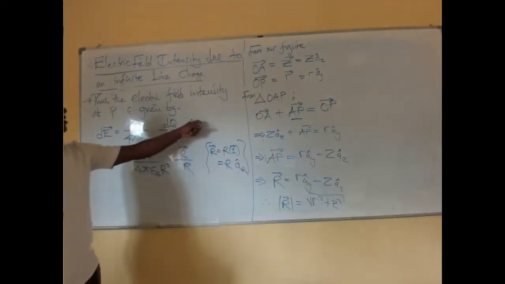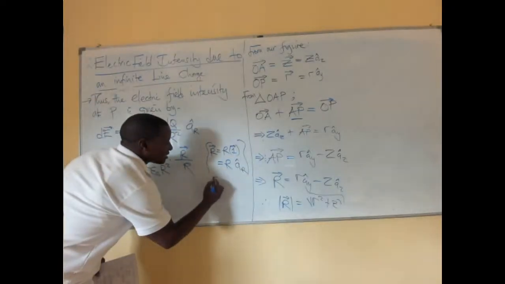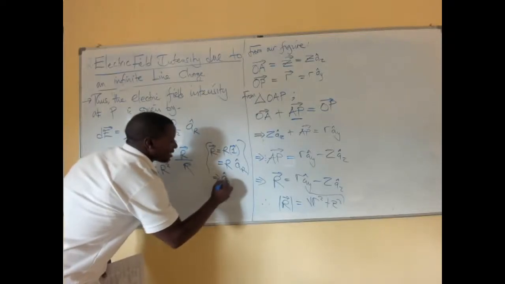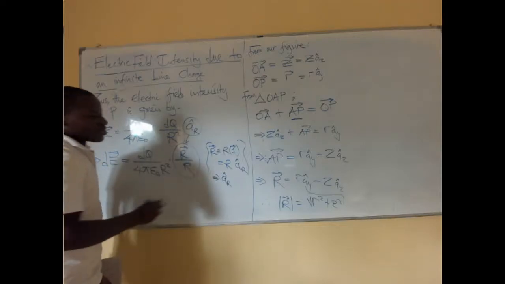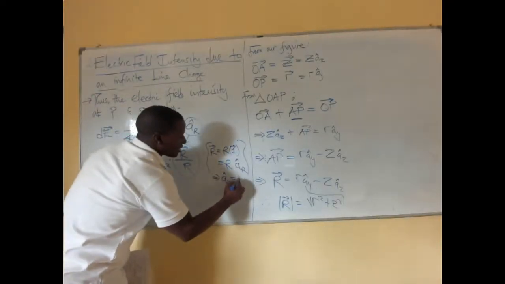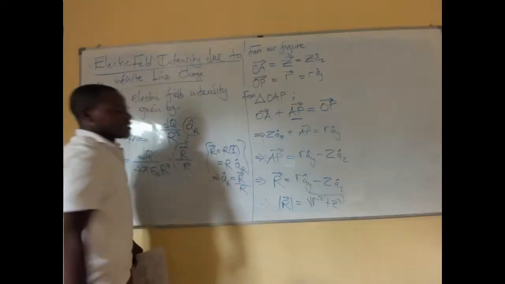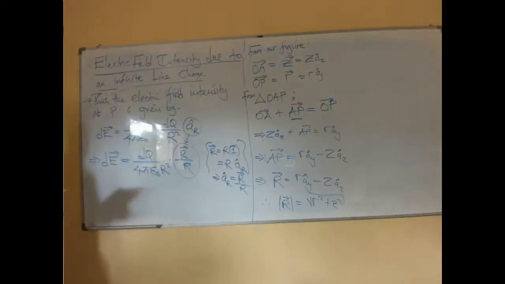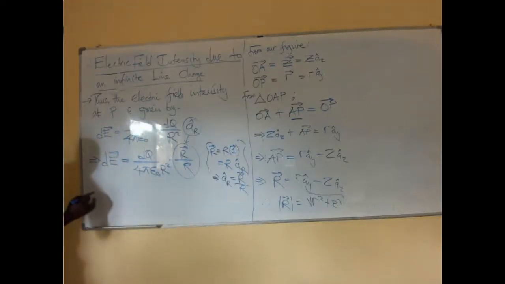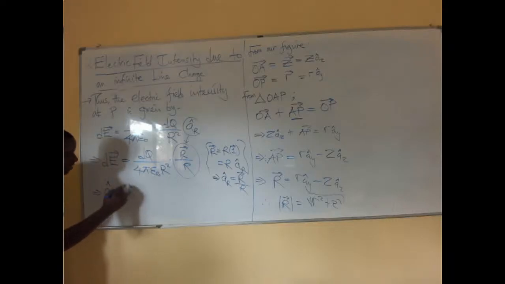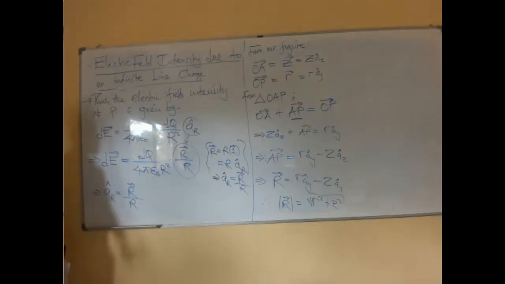So if we have this a_R from here, it implies that a_R is the same as R vector over R as magnitude. We can still rewrite it: a_R is the same as R vector over R as a scalar.